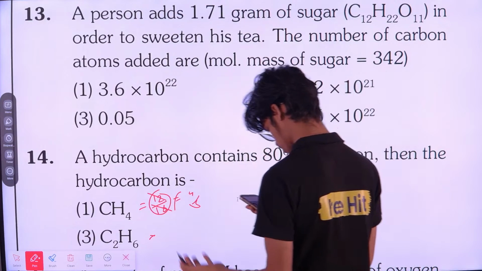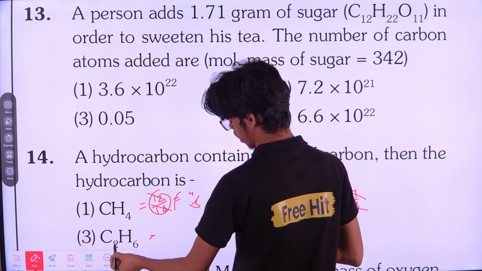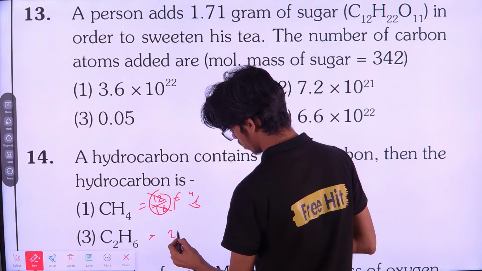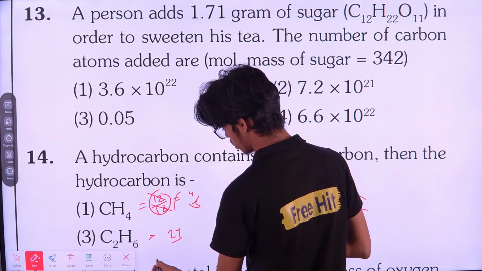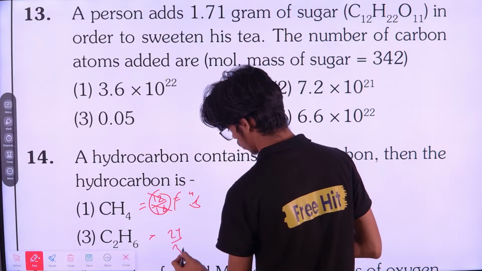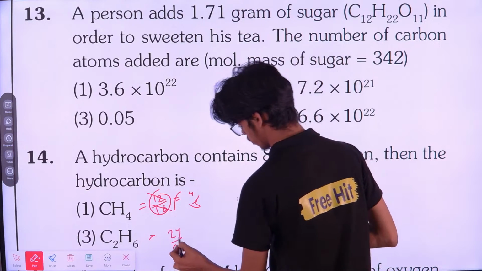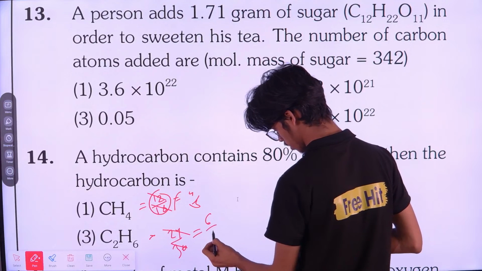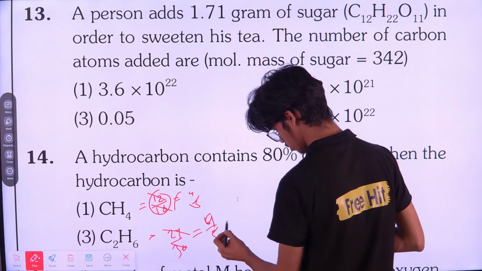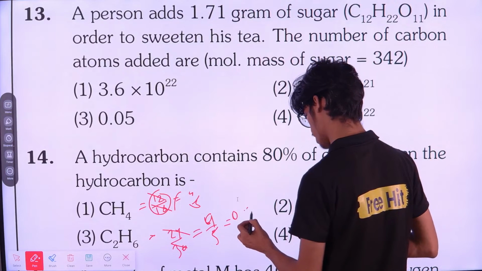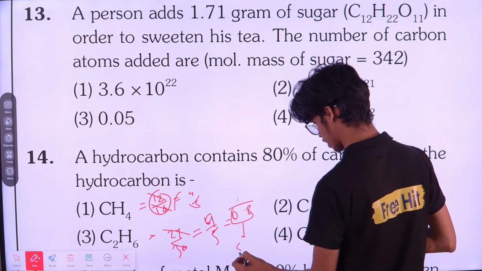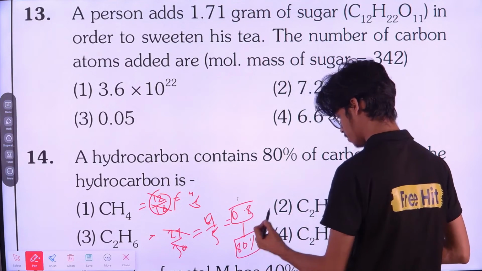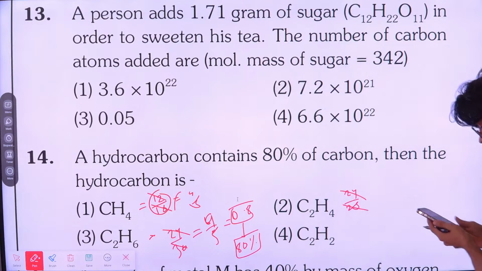The mass of C2H6 is how much? 24 plus 6 is 30. Total mass is 30. Mass of carbon is 24. Let's cancel this out. 6 4s are 24, 6 5s are 30. So the ratio is 4 by 5, which is equal to 0.8. It means exactly 80%. So option number 3 is the right answer.